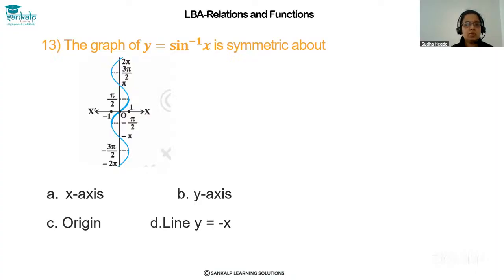Correct? So, if you rotate this 180 degrees, it will exactly overlap. That is called rotational symmetry. If you rotate, it exactly overlaps, and it is rotational symmetry.